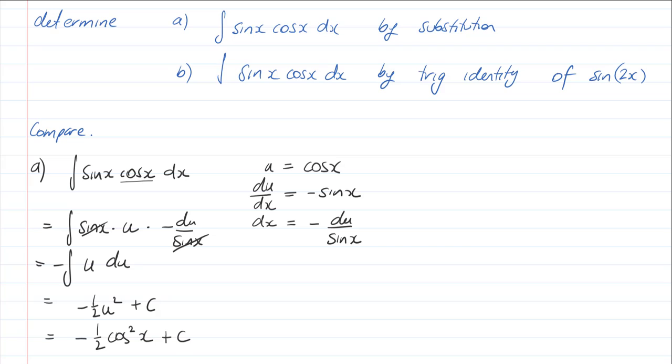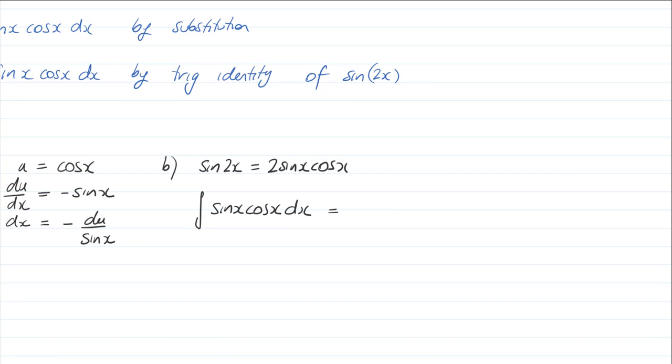So there's A. Now, side by side, let's have a look at B. We're going to integrate using a trig identity. The trig identity that sine 2x is equal to 2 sine x cos x. And so I get this, the integral of sine x cos x dx is equal to the integral of a half sine 2x. So the half has come because of this 2 here.